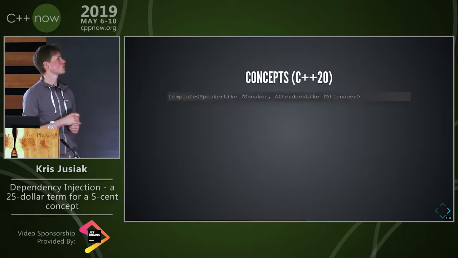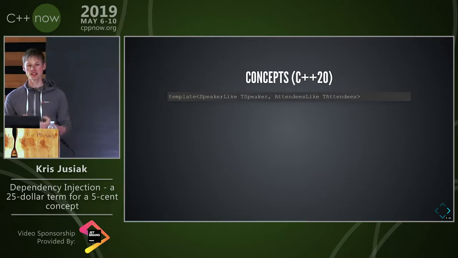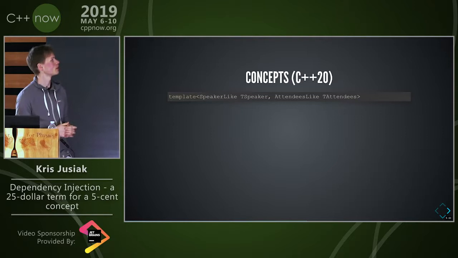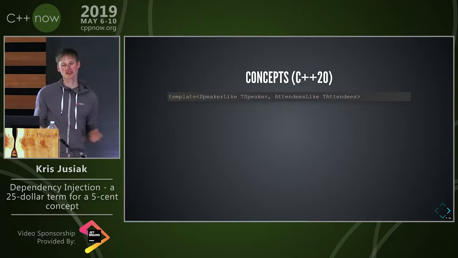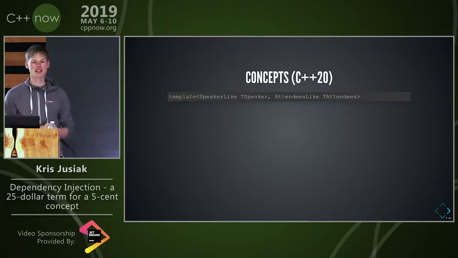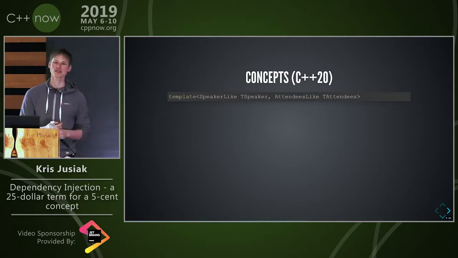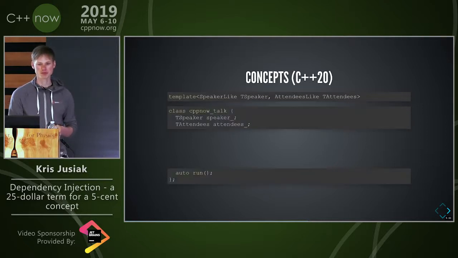So concepts in C++20: instead of having the typename or a class, we'll just put the concept in the template. So the speaker-like and the attendee-like are concepts. We can also use the requires clause afterwards, and that's not really important, but the idea is that the typename itself will be a concept that will be verified at that time.